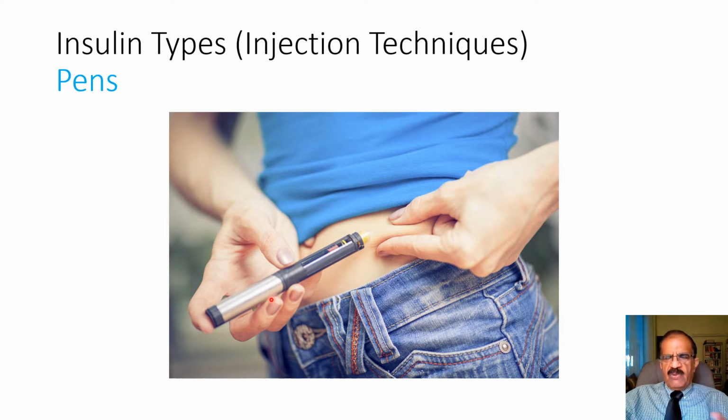There are two types of pen, actually: disposable, and the one which has to be loaded with a cartridge. This one I think is the one with a cartridge, but very easily you just dial the dose from here, and with a very fine needle you inject in the subcutaneous tissue. So this is convenient, I think, and also a little hassle free, but this would of course be a little more expensive than syringes, but still manageable.